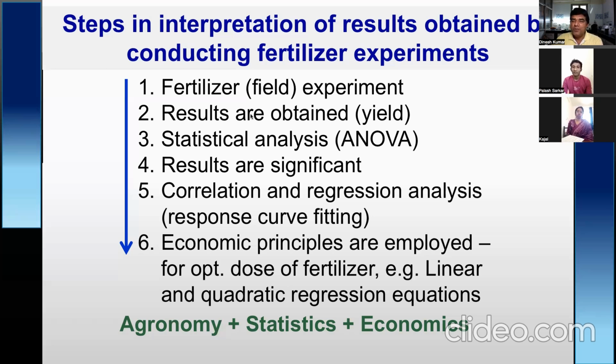Whatever economic part you have, you can record that data. And then very simple is ANOVA, analysis of variance. You record the data for yield and you know how much fertilizers or levels were there. And then you can do statistical analysis. You have data in your hand and then you can go for ANOVA analysis.